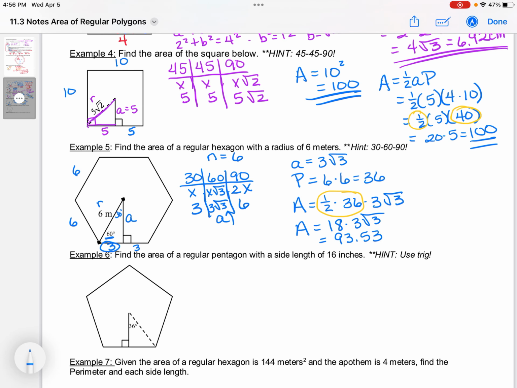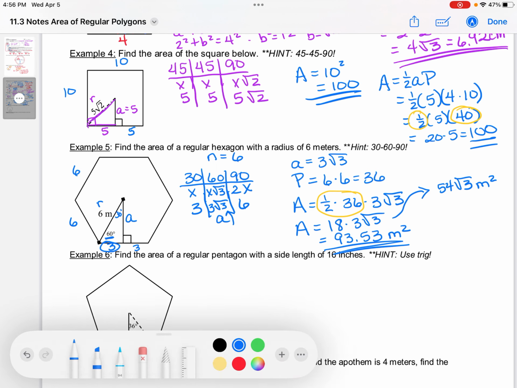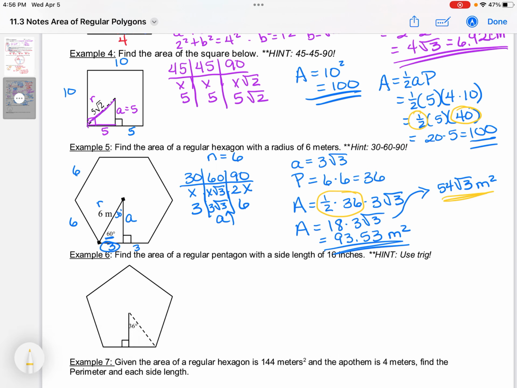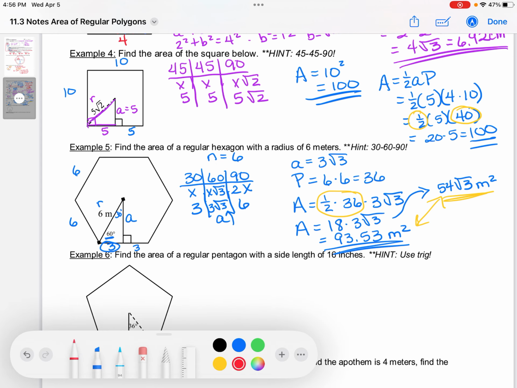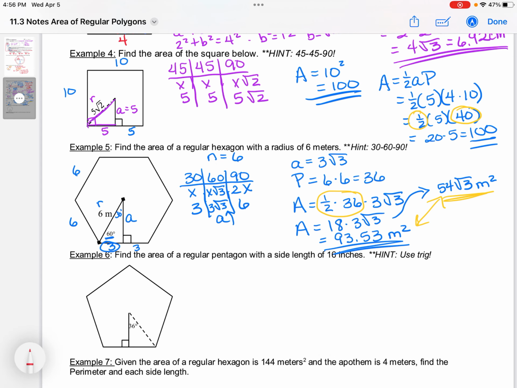I'm just going to give it to you. Could have done 18 times 3, which would have been 54 square root 3, which is the same. Those things are the same, so those are equal to each other.